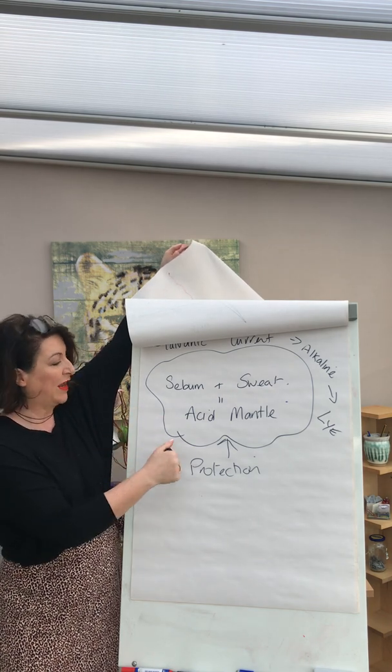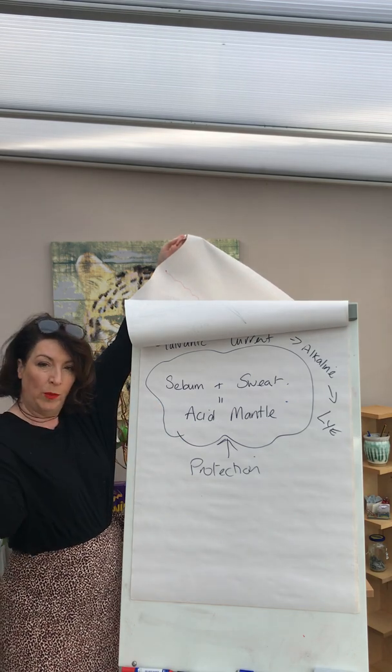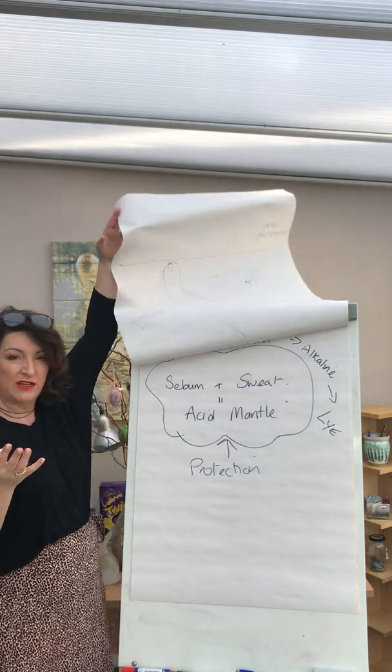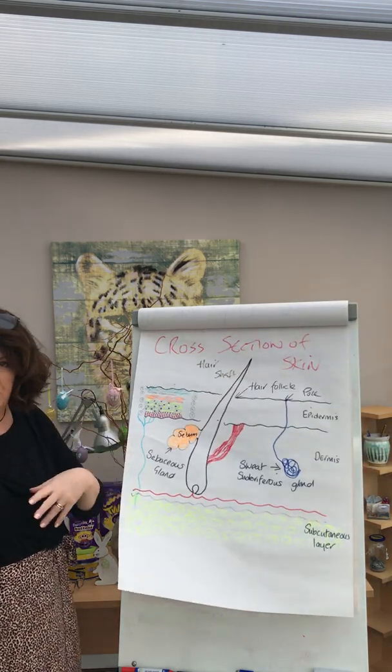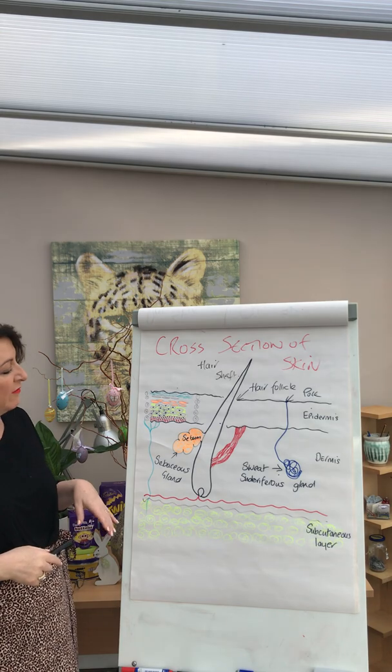Taking it that bit further now, this acid mantle, without this on our skin, we are opening our skin up to infection, to bacteria getting in, and dirt and debris. So that is a really important defence system that we have.